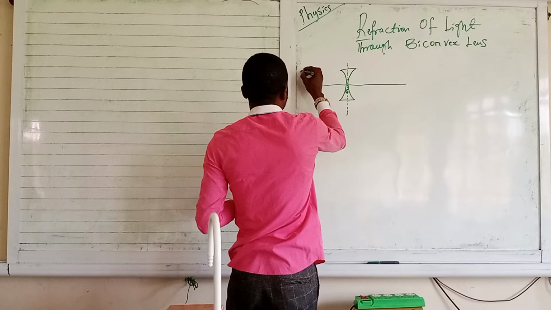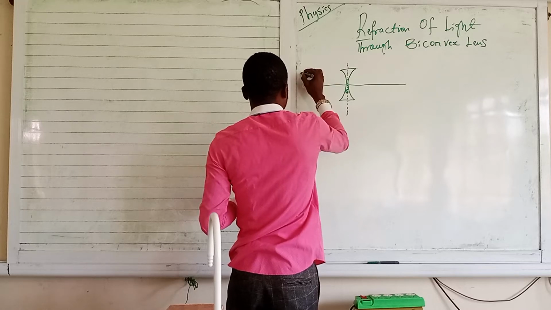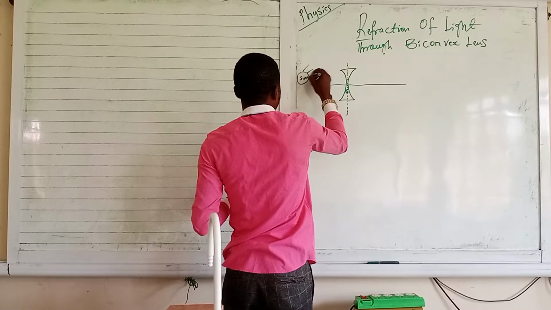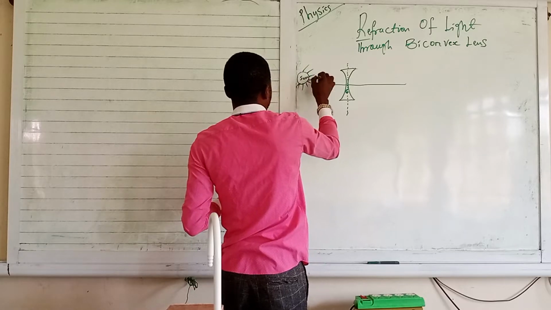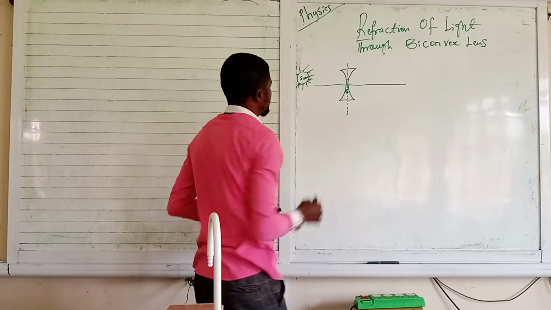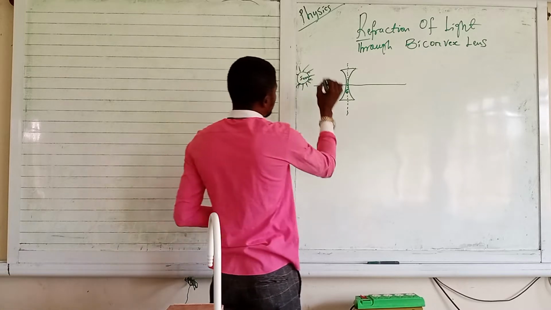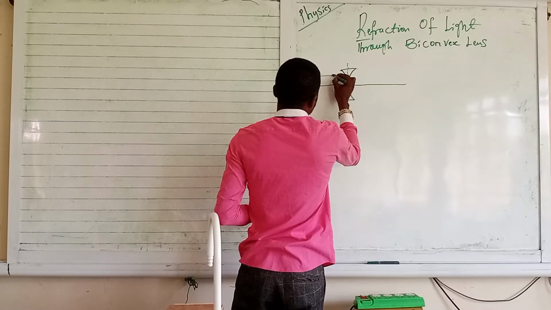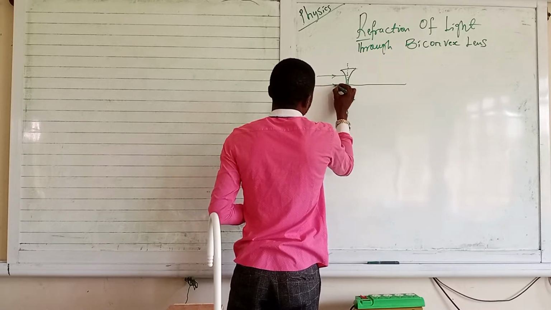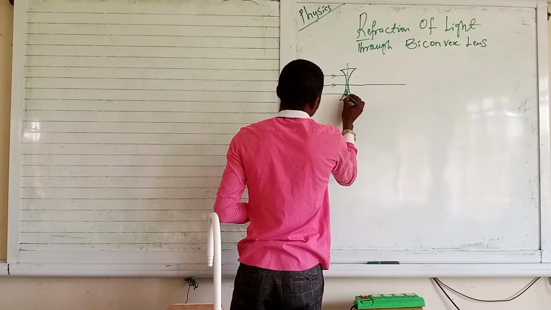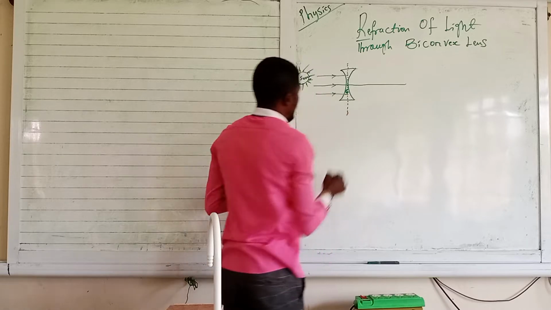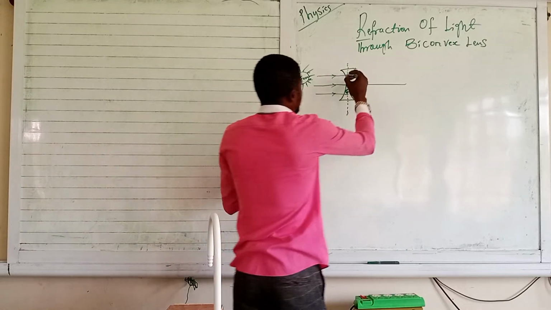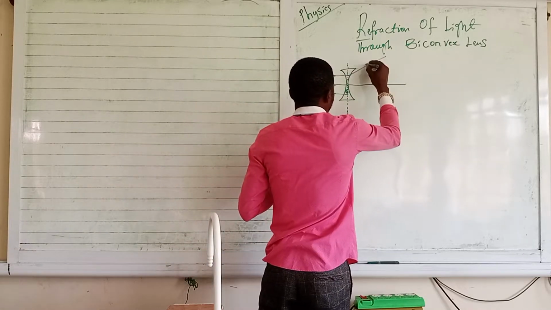Let's suppose the sun is propagating its rays. If the rays of light pass through this guy, after refraction at the center of curvature, the rays of light will spread out.